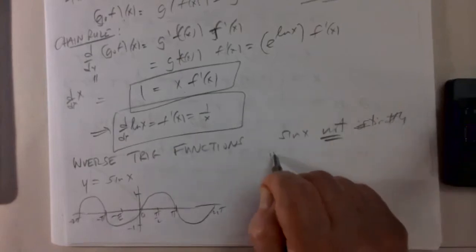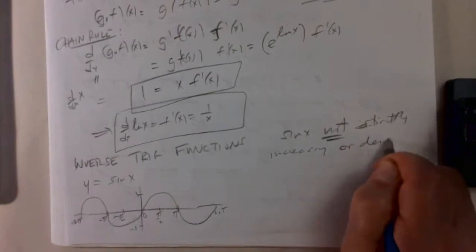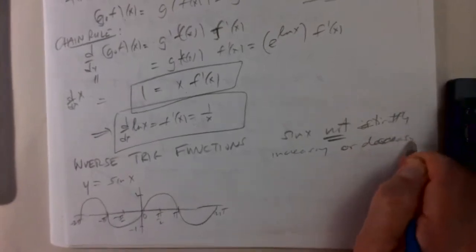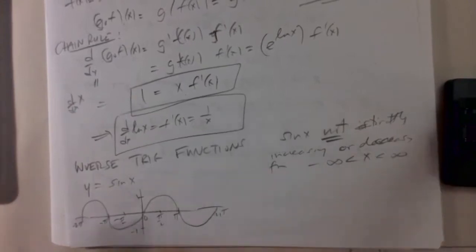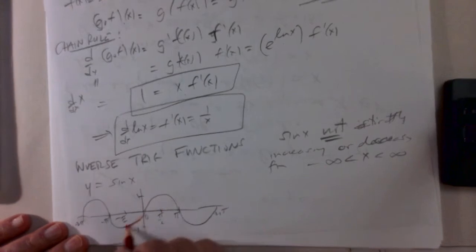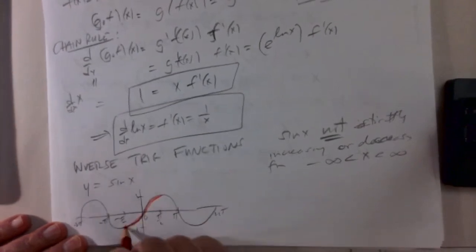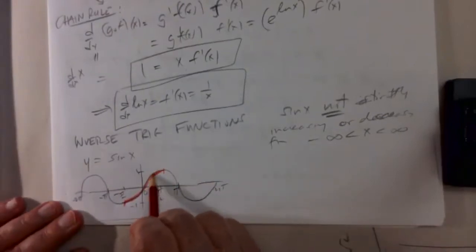So not strictly increasing or decreasing as you go from minus infinity to plus infinity. So you can't have an inverse function for the whole line. But if you look at the sine just from minus pi over 2 to plus pi over 2, that's what the graph looks like.